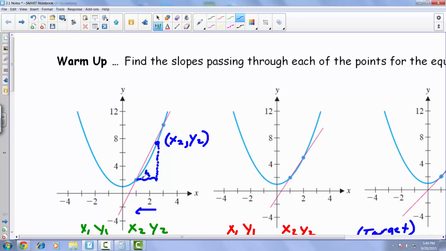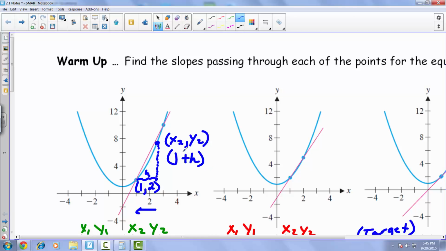If it's some distance from our target point, then this particular x would be 1, because that's our target point, (1, 2). So our x2 would be 1 plus whatever h is.